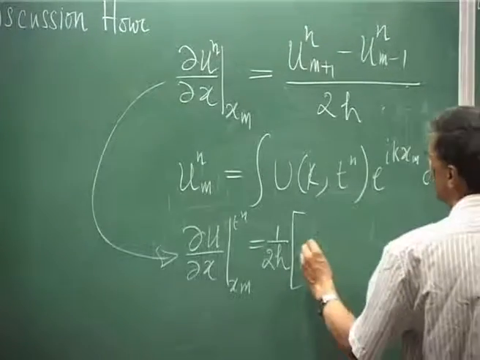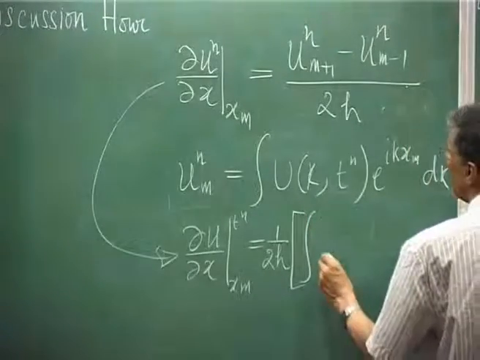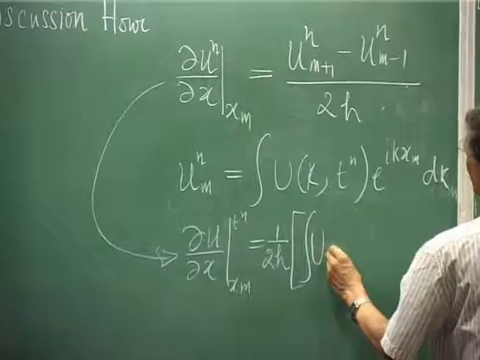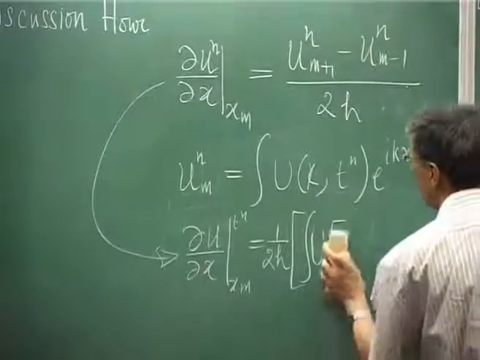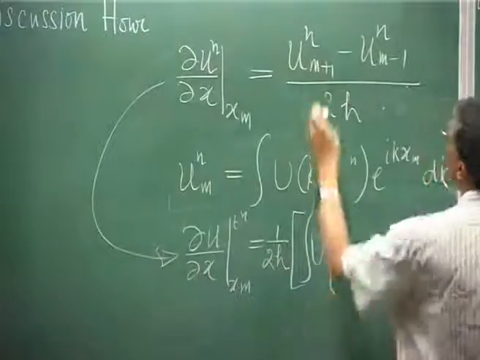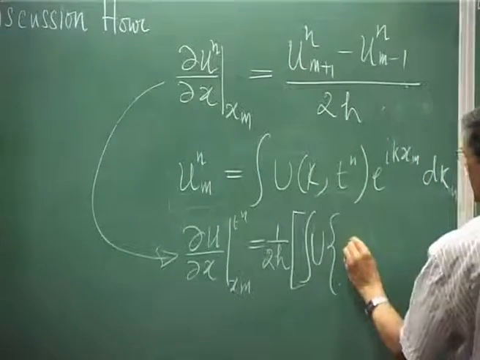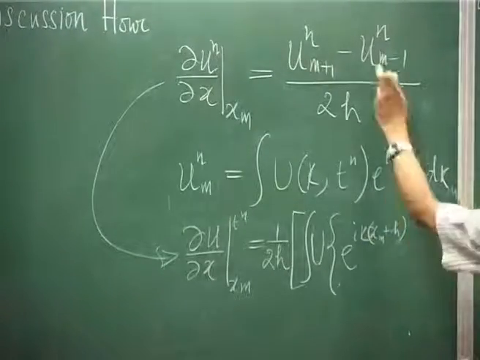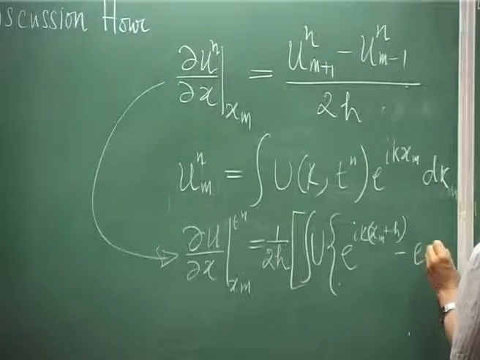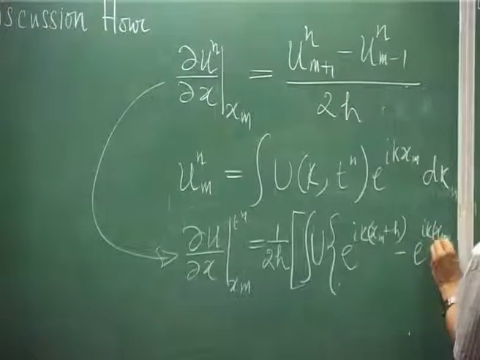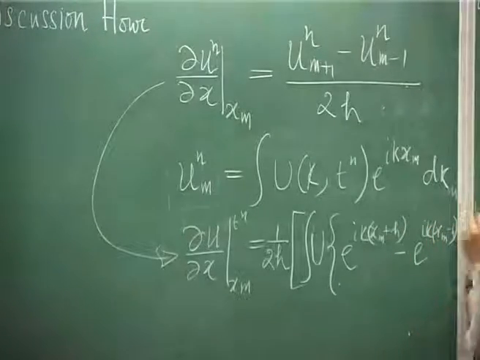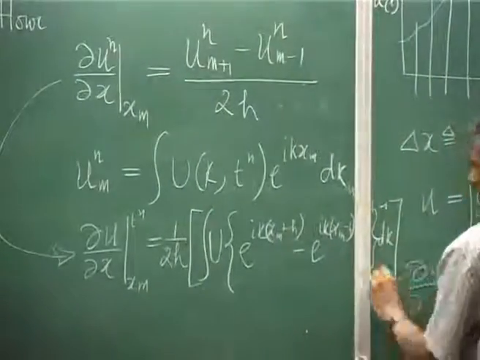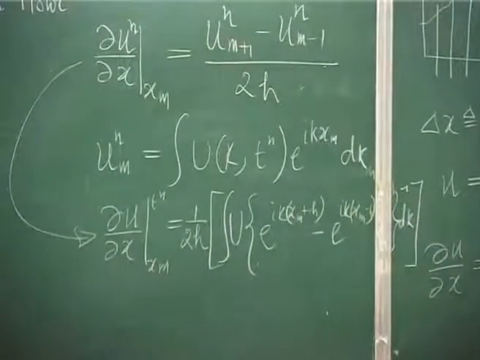So, I would write this, the integral remains, u hat remains the same for all the methods, and here I will write this as e to the power i k x m plus h, that is this part, and this part will give me e to the power i k x m minus h. And this will be performing the integral. So, that is what we get.